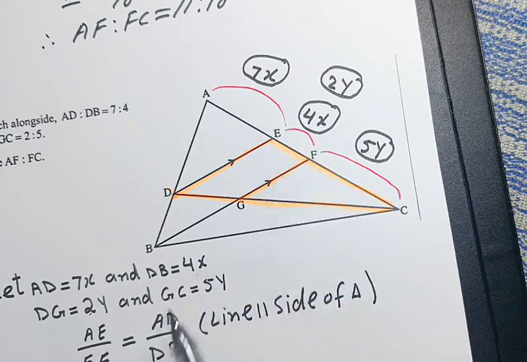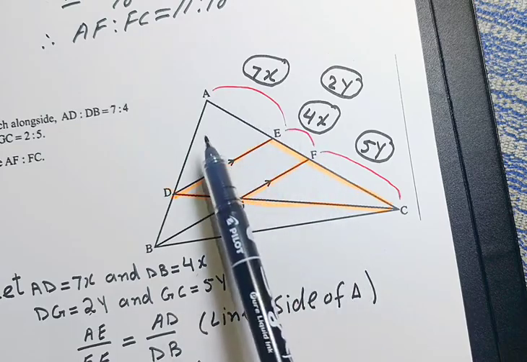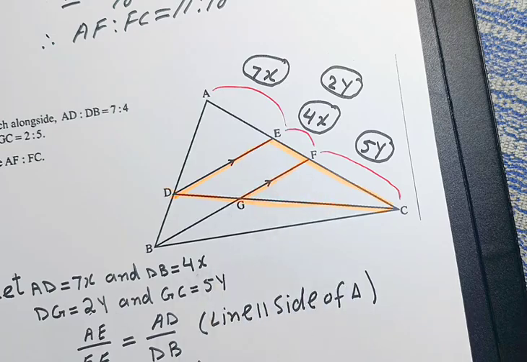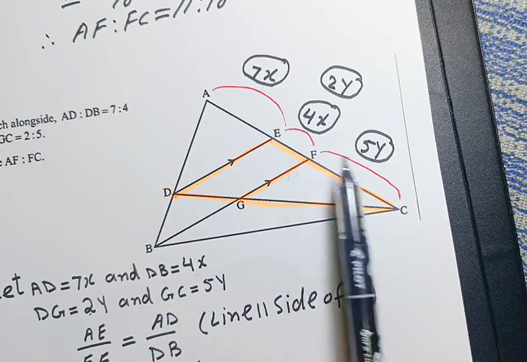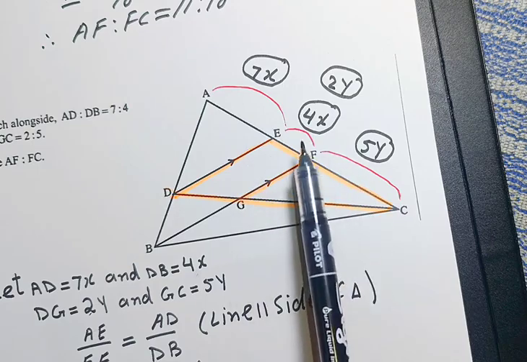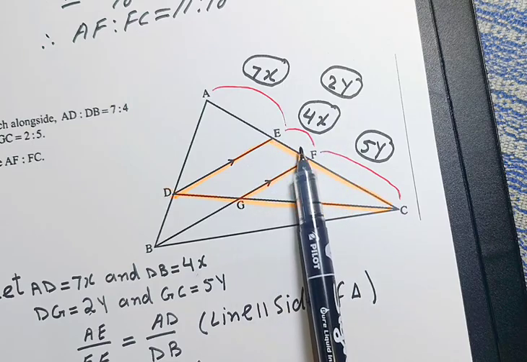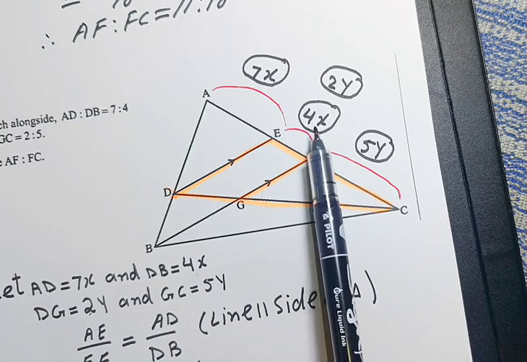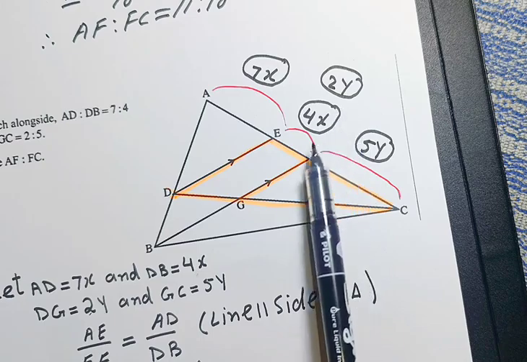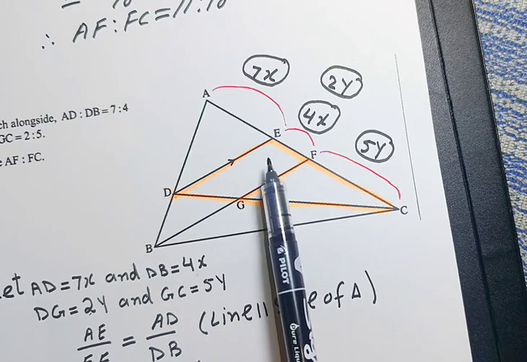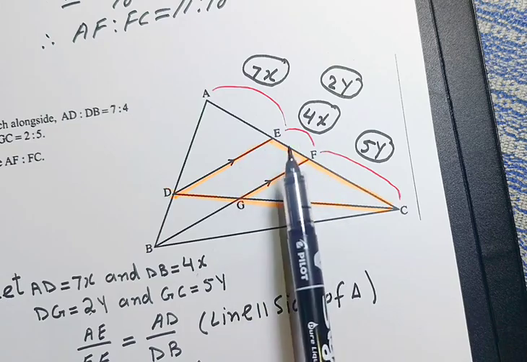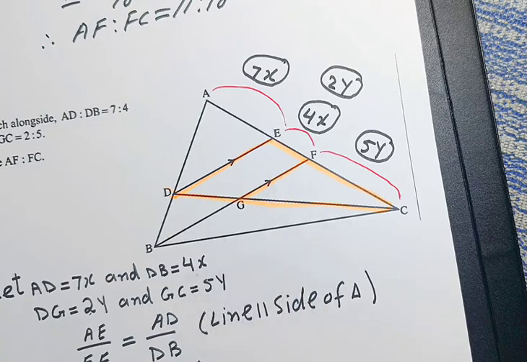I will show you how to do those kinds of questions in my next videos on the same sketch, so you can get used to it, whether they give you AF or FC. The other three types I'm going to show you in my next video.